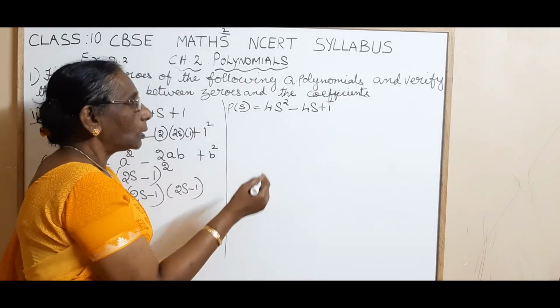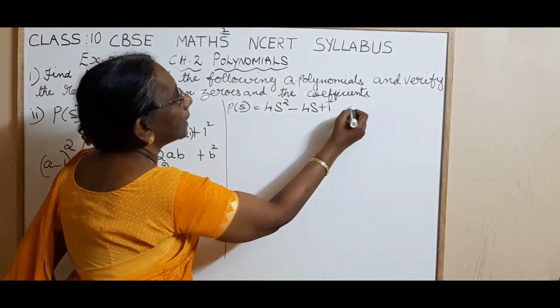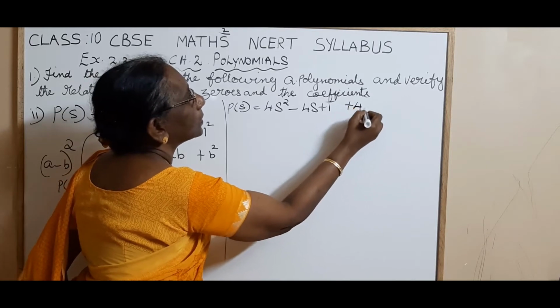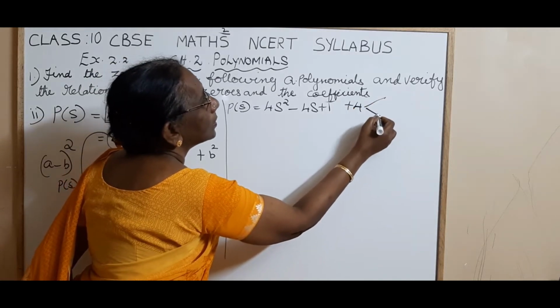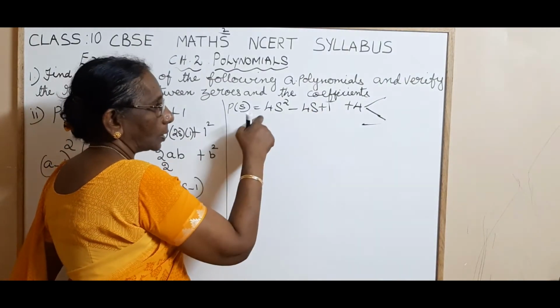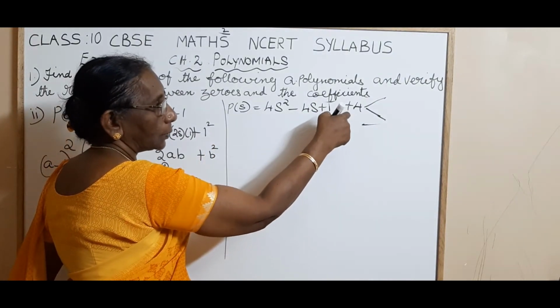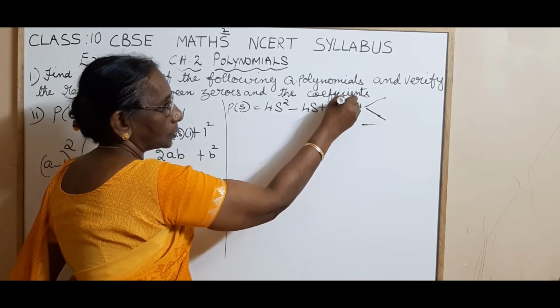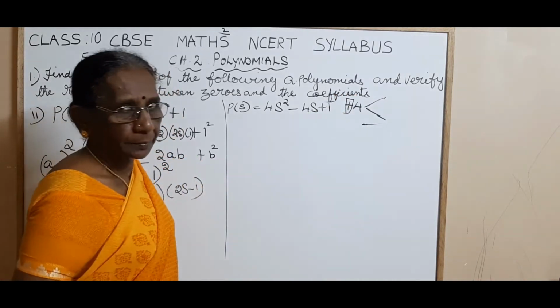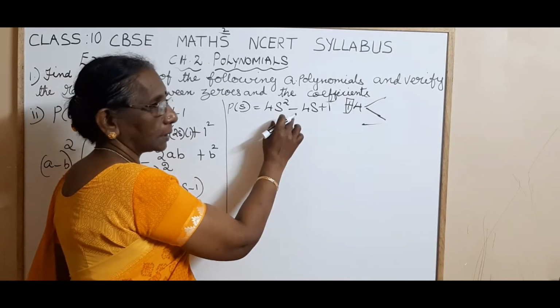Okay, so for that let us write here plus 4. Whenever the product of 4 into 1 is plus 4, whenever you get this as plus, what should you do? Both parts should have the same sign. So what sign? Here it is minus.